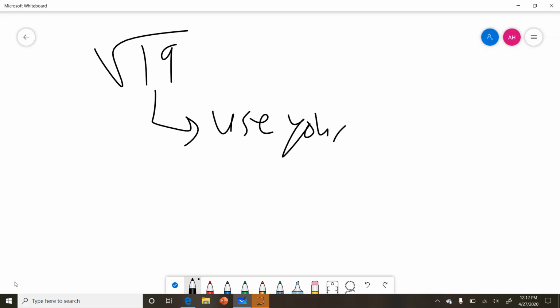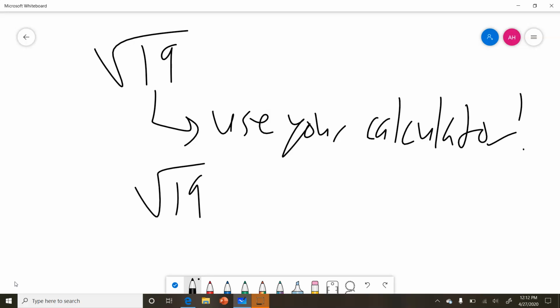Now, we're going to keep moving on. The next thing that we do, they want you to estimate. Like they'll say, what is the square root of, I think their example here is 19. And they go through this whole way of trying to guess what the answer is. Guess what? Don't guess. This is called use your calculator. Yay. All you do is type in the square root, however your calculator works, of 19.